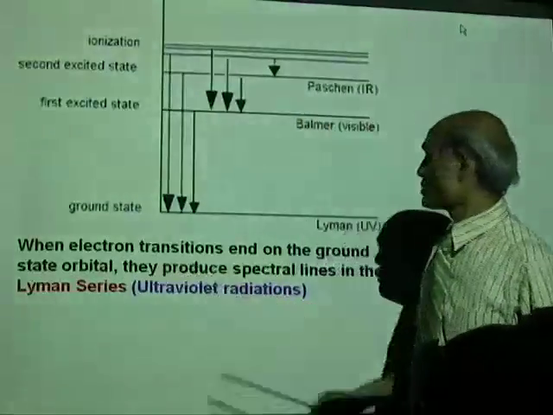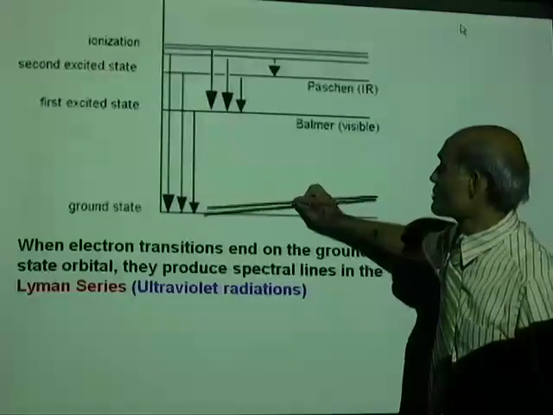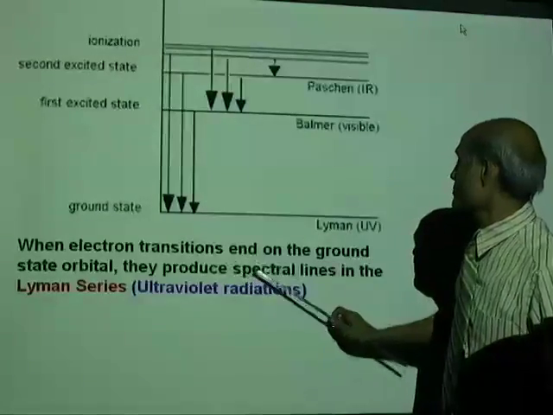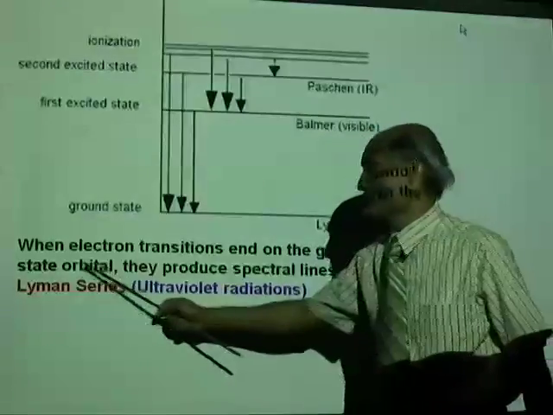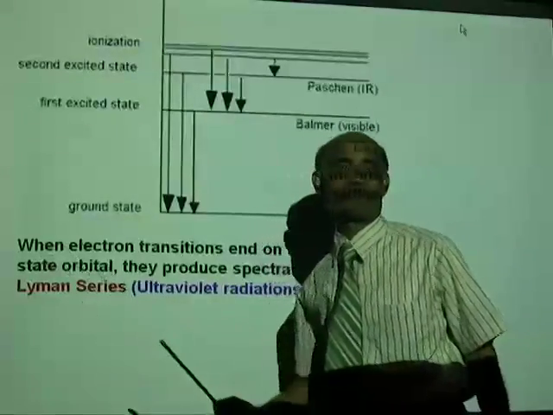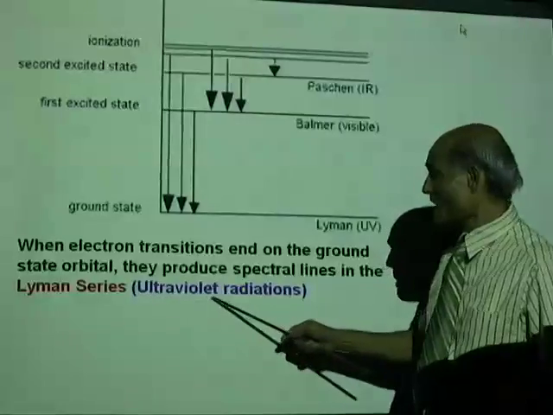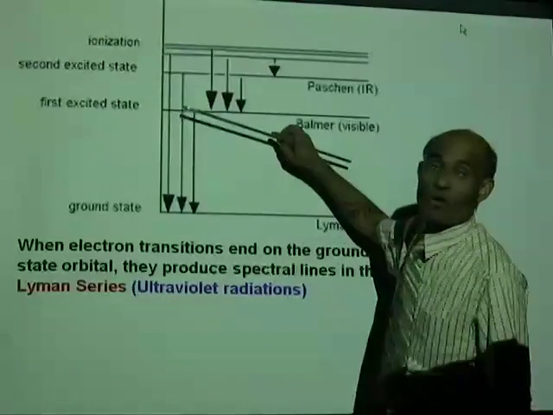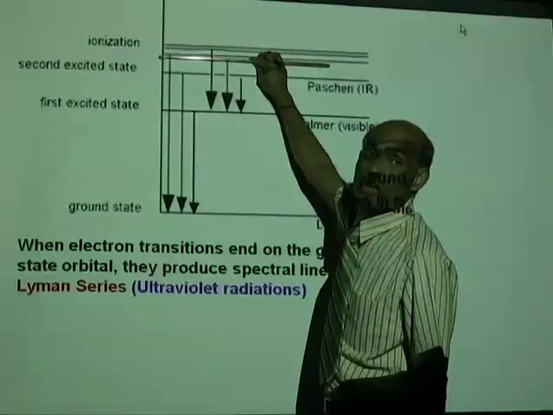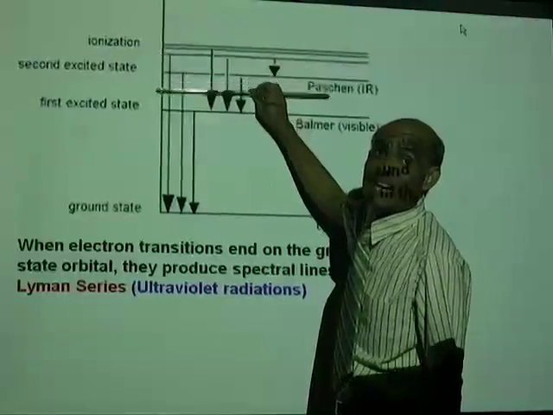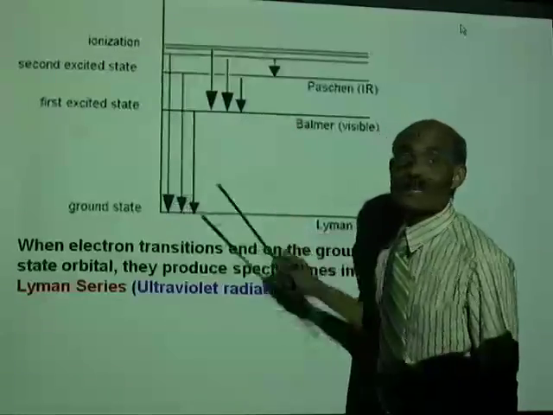So when electron transitions end on the ground state, they produce spectral lines in the Lyman series. Well, of course, it's the scientists who experimented with it. And these are the ultraviolet radiations. So ultraviolet radiations are obtained when electrons jump from higher excited states to the ground state.